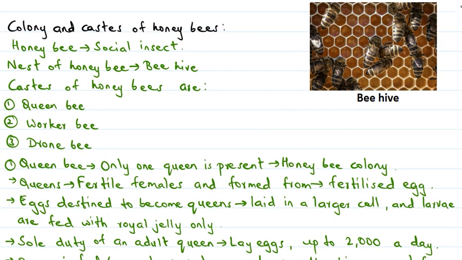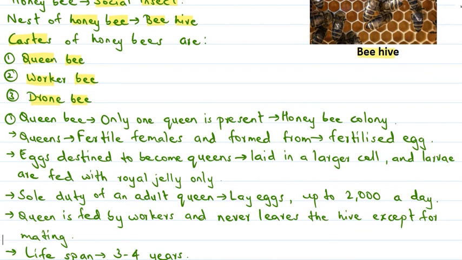We have already discussed that the honeybee is a social insect, and the nest of the honeybee is called a beehive. Here we can see a picture of a beehive, the nest of honeybees. The castes of honeybees are three: queen bee, worker bee and drone bee.